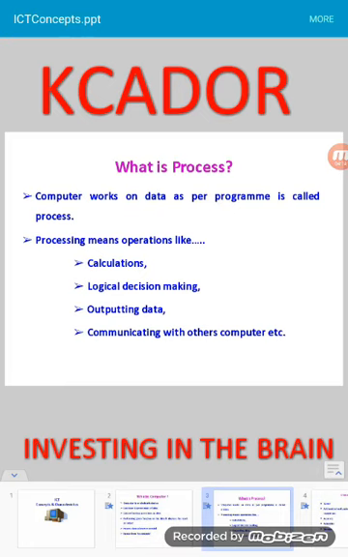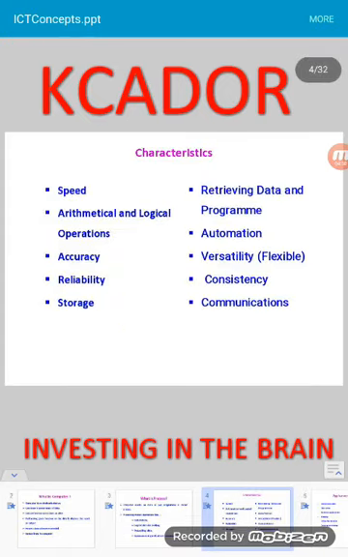You can also do logical decision making. You can ask something and the computer will answer you. You can also output data. Communicating with other computers: for example, you can send emails, you can send devices, you can send information using Bluetooth and many others.